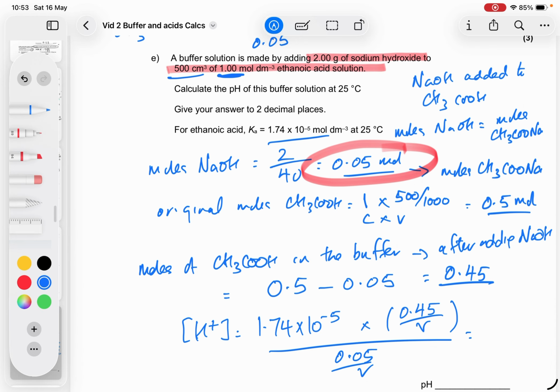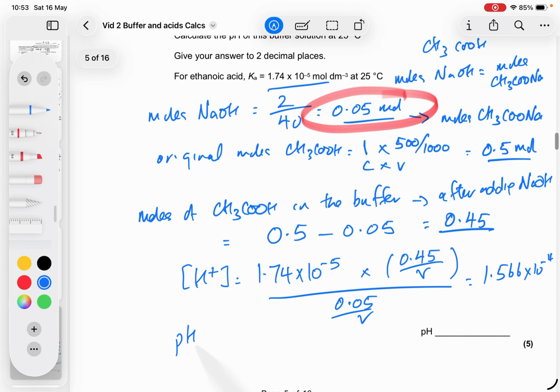So if we do that calculation, 1.74 times 10 to the minus 5 times 0.45 over V divided by 0.05 over V, that comes to 1.566 times 10 to the minus 4, and then pH equals minus log of my answer, and I get 3.81 as my final answer. Okay, now you may get an answer of 3.80 depending on where you round off.